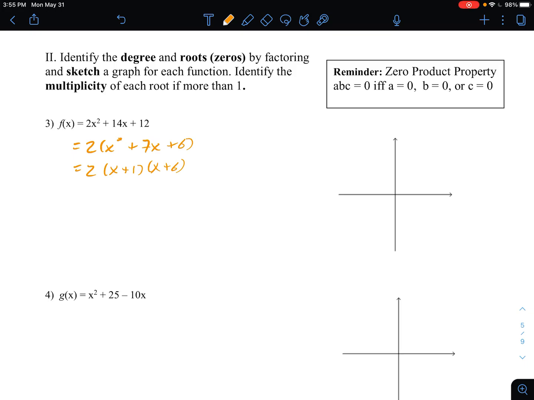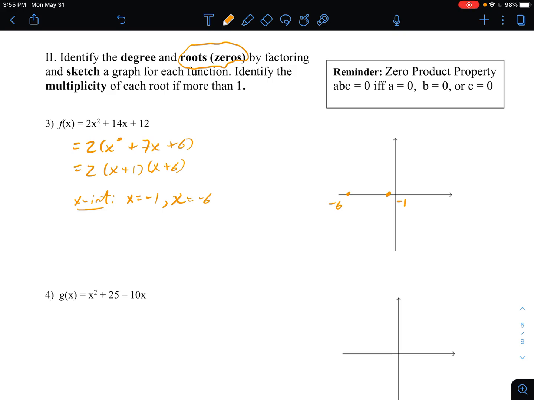If I set these equal to 0, my x-intercepts, also known as roots or zeros, all of these kind of mean the same thing. If the first one is 0, x is negative 1. If the second one is 0, x is negative 6. So I have an x-intercept at negative 1, an x-intercept at negative 6.